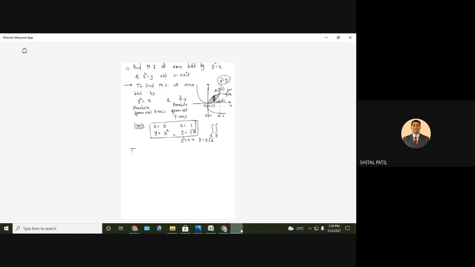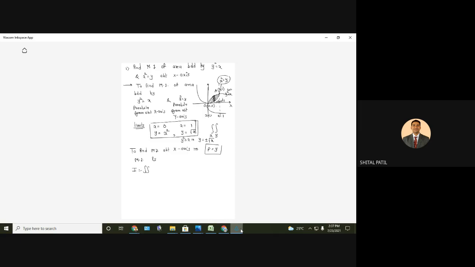Any doubt? MI about the x axis. Therefore, what is P? Y. Okay. And now we have to use the formula. Moment of inertia is I equal to double integration.